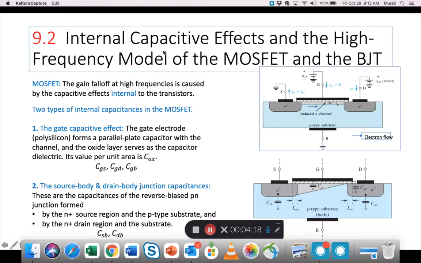They exist in the device. Whether it's a single MOSFET or an integrated circuit with many MOSFETs, either way, because of the internal construction, certain internal capacitances come into existence, and they tell you what your high frequency cutoff will be.